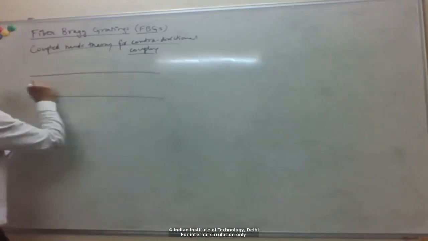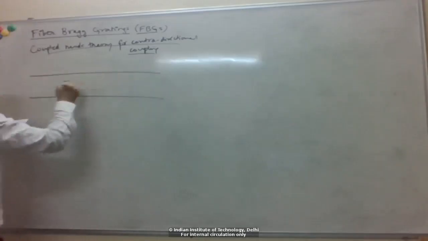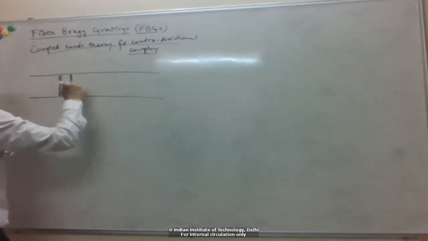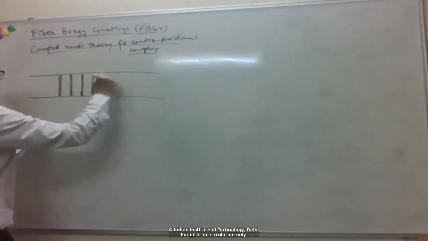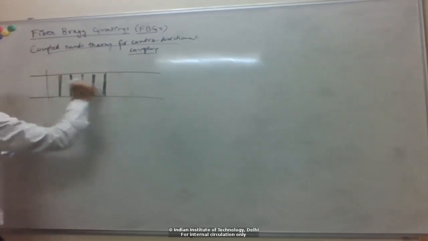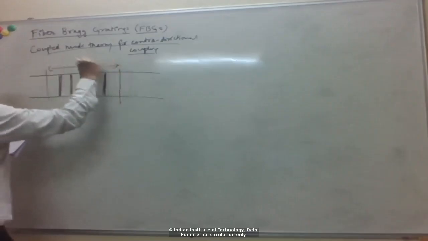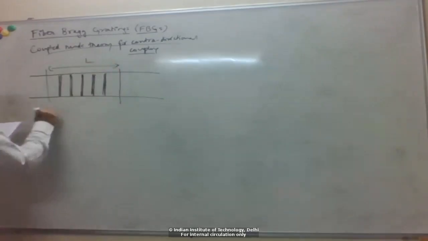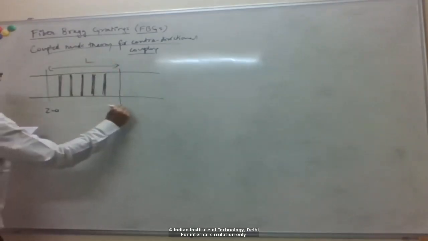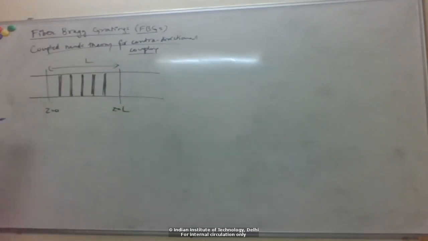So again, let's just look at the core region here. Okay, so we have some length L here. Okay, so this is Z equal to 0. So you have some incident wave input light from here.